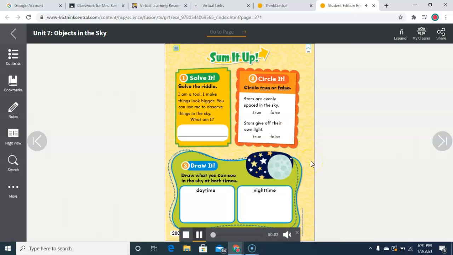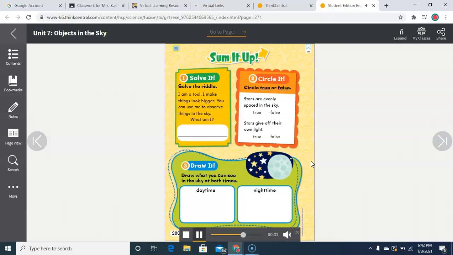Sum it up. 1. Solve it. Solve the riddle. I am a tool. I make things look bigger. You can use me to observe things in the sky. What am I? 2. Circle it. Circle true or false. Stars are evenly spaced in the sky.